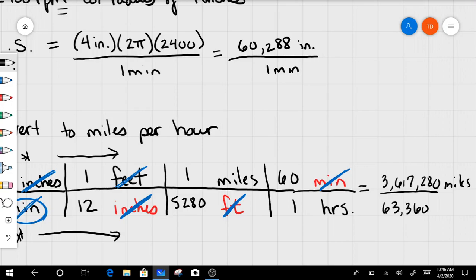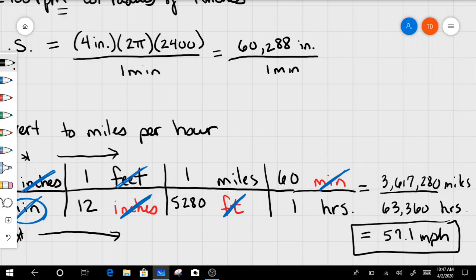And the only word on bottom is hours, so we are in miles per hour. And when you reduce that down, you get 57.1 miles per hour. So if a nail were stuck in a 4-inch radius tire, maybe a lawnmower, I don't know, and it's rotating 2400 RPMs, then that nail is traveling 57 miles per hour around the circle. And that's how it's done.